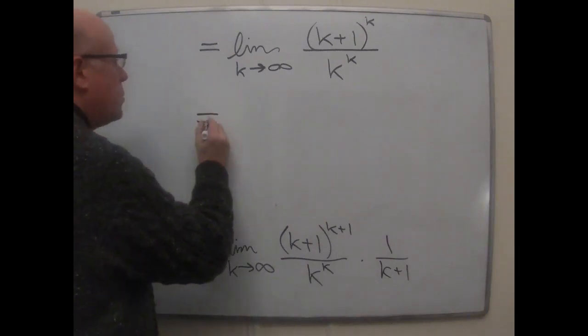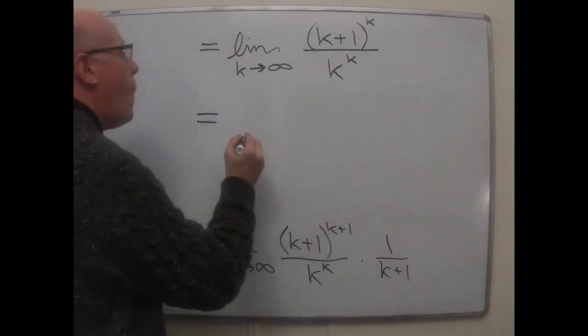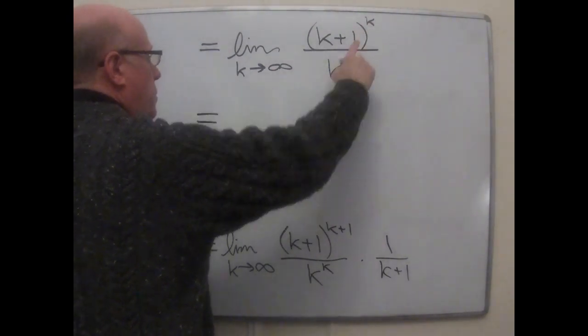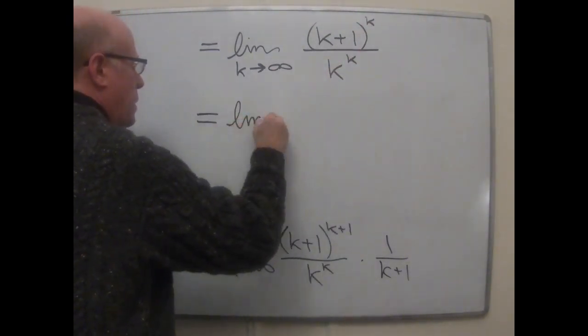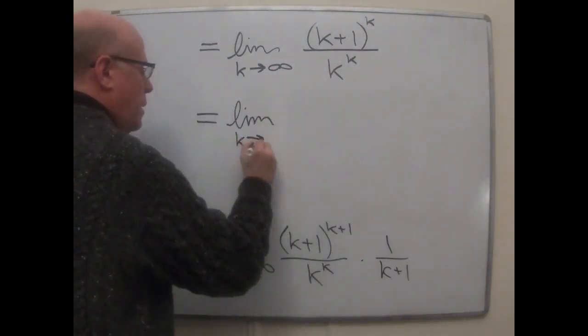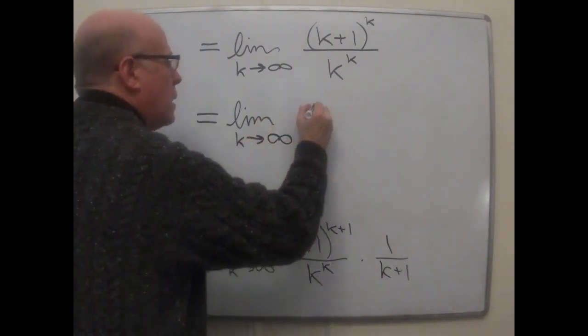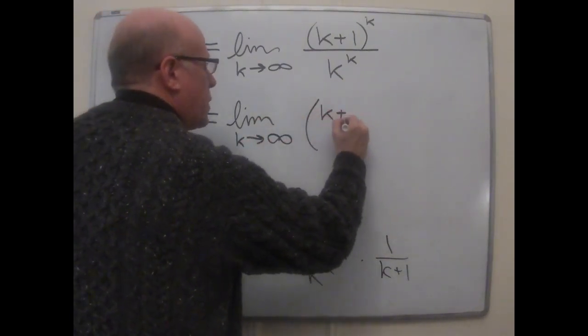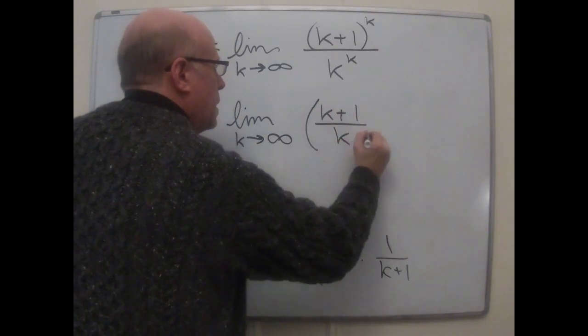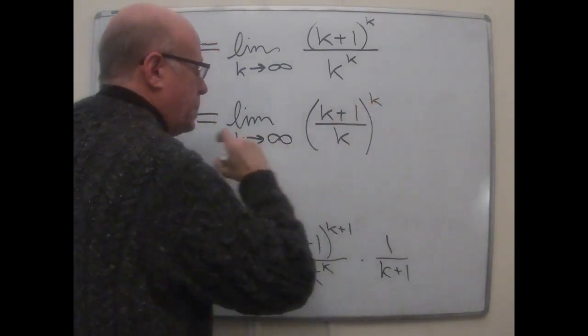Well, that is equal to, you notice how the exponent is k in both of those? That's the limit with k going to infinity of (k plus 1 over k) to the k.